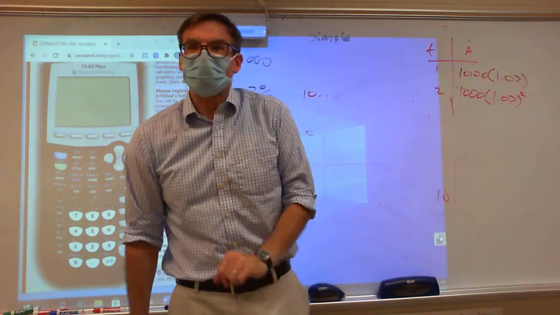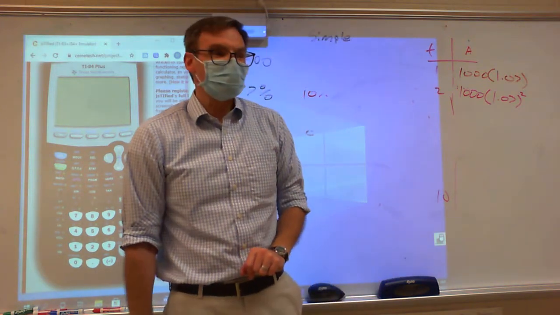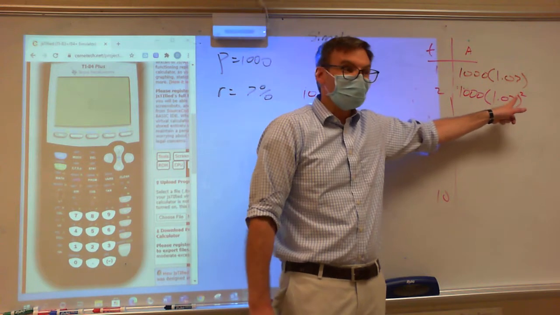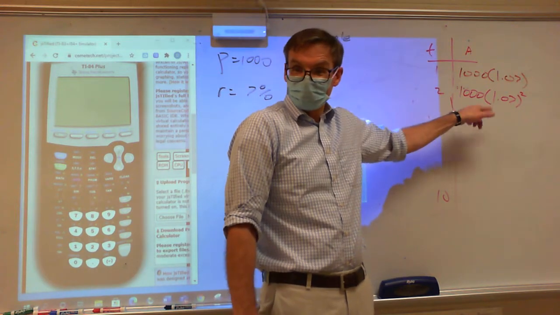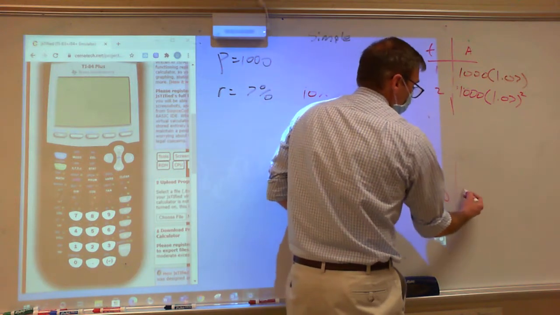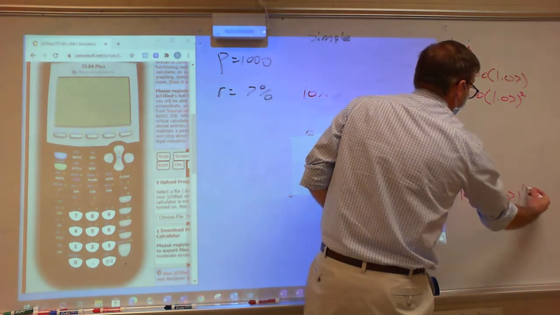I bet you have a plan. If I want to find out how much money I have after 10 years, what would you do? Raise it to the power of 10. Raise it to the power of 10, right? Can you kind of see that pattern? So if I wanted to know how much money I have after 10 years, that's going to be 1,000 times 1.07 to the 10th.